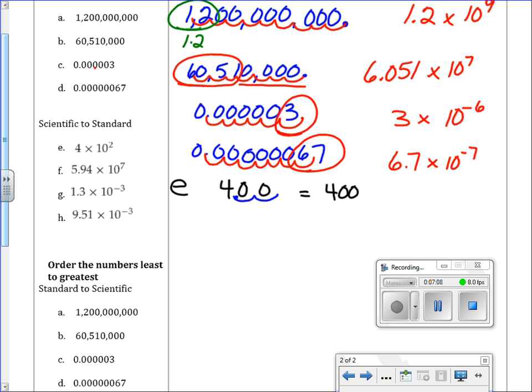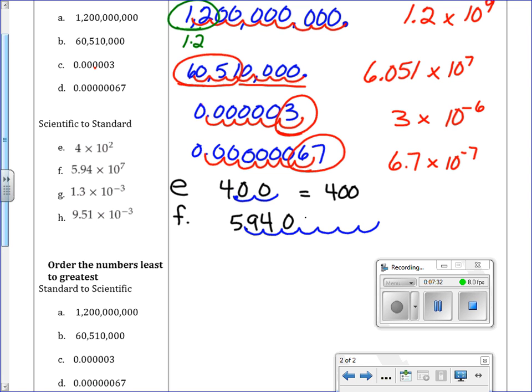5.94 times 10 to the 7th. That's letter F. So I have 5.94. The decimal needs to move. It says 7 places. So I'm going to go ahead and move it. 1, 2, 3, 4, 5, 6, 7. I have all of these baskets that the farmer wants eggs in.